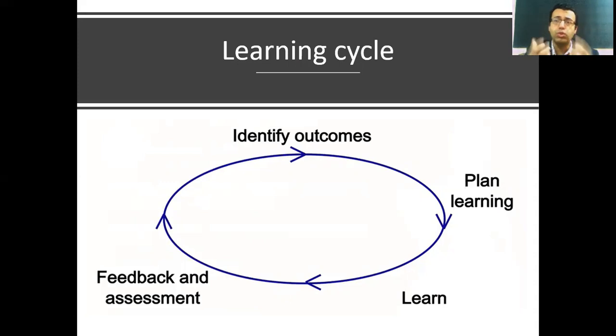So we should make a good plan for learning, then apply or conduct this plan, then take the feedback and assessment. Okay, assessment, which is the important topic for which we design the blueprint.